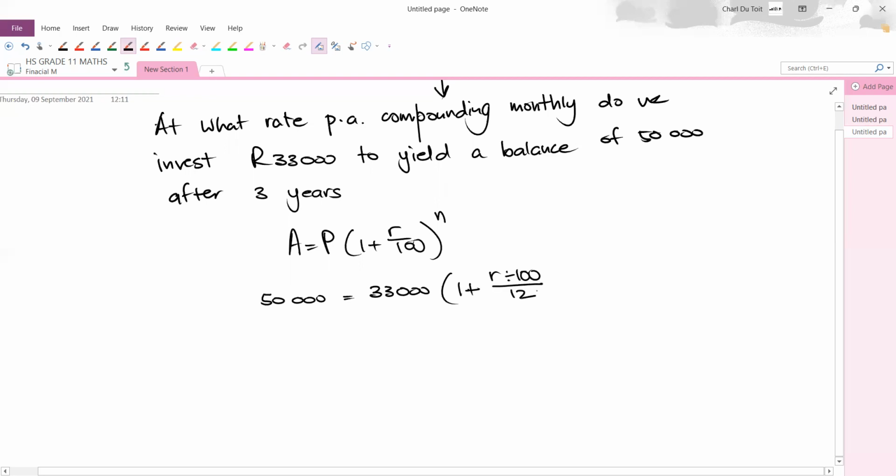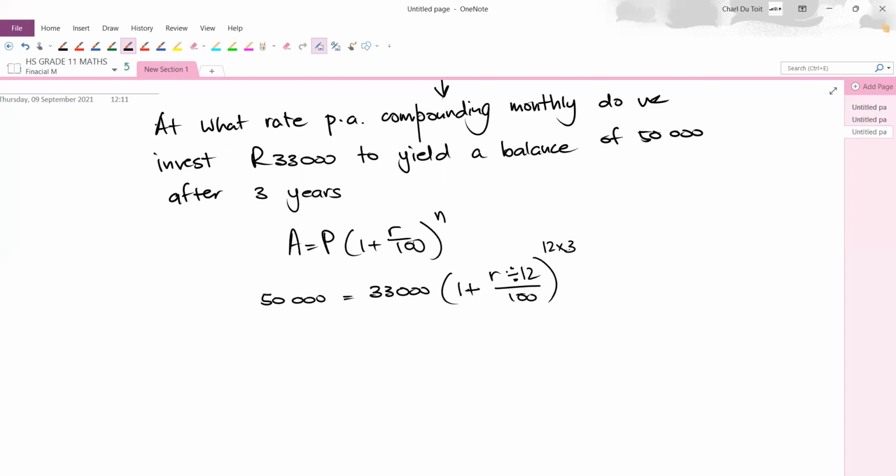Why? Because there's 12 months in a year. You could have also said we're going to divide our yearly rate with 12 and then divide that with 100. It is exactly the same. And that's going to compound to what? 12 times 3. Because for 3 years, we're going to do a calculation every month, and that's 36 months.